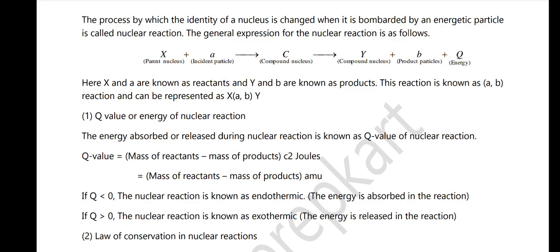The Q value is equal to mass of reactants minus mass of products, into c squared joules, that is, mass of reactants minus mass of products into 931 MeV per atomic mass unit.